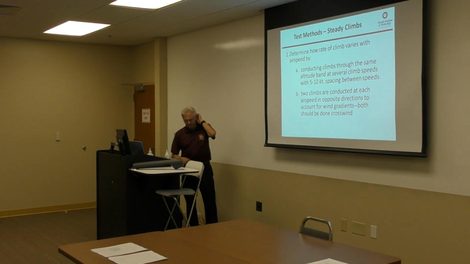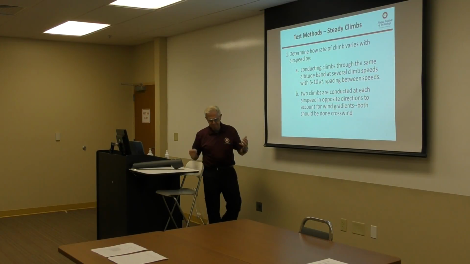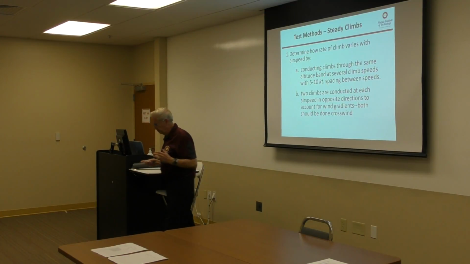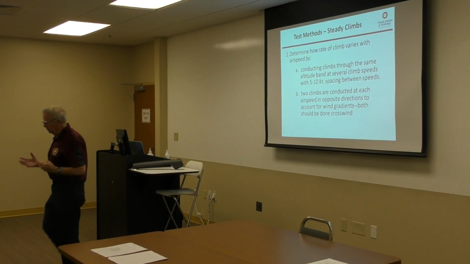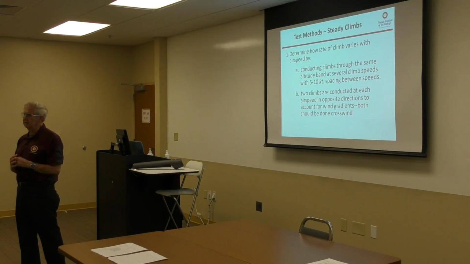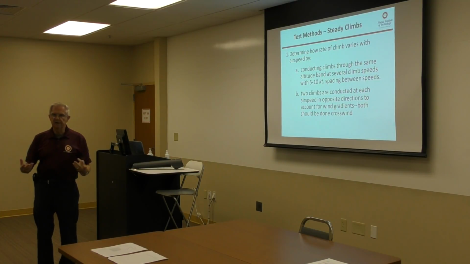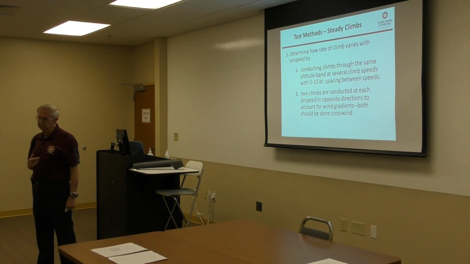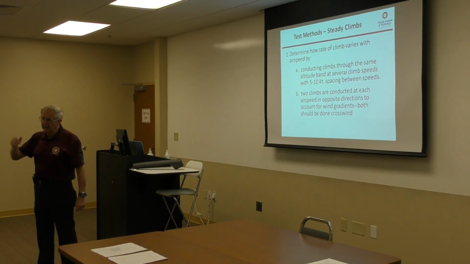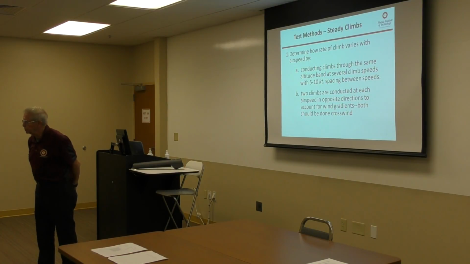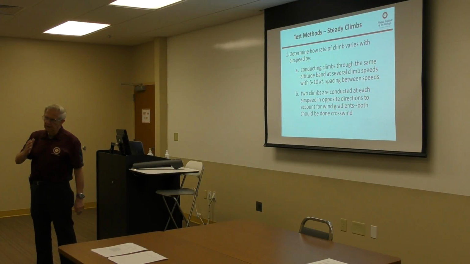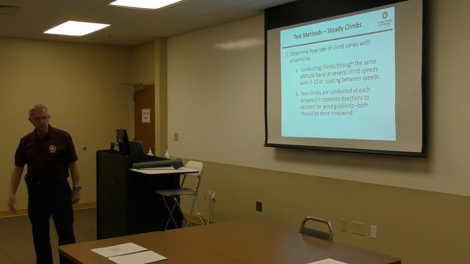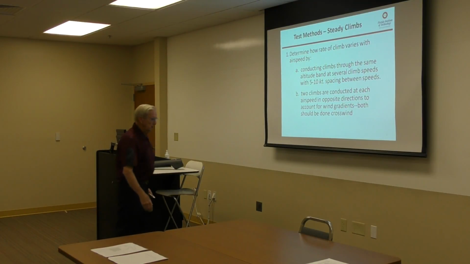Well, if we're going to do this on a real flight test program, we would use the same technique that we're going to use today, but we do it at a series of airspeeds and altitudes. We would start at a low speed and work up every 5 knots.